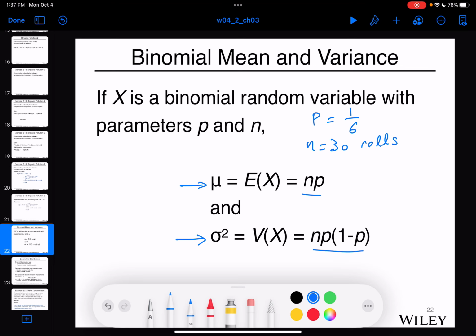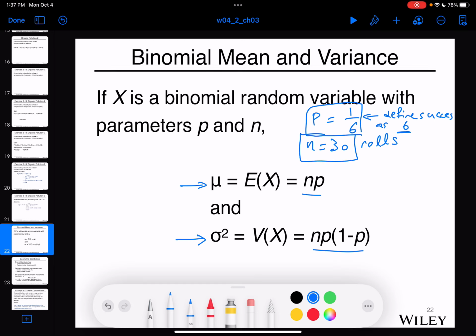And here when we said P is 1 over 6, we basically defined success as getting a 6, right? Or any other number, it doesn't matter. It can be defined as getting a 1, right? Because for all of them, the probability of success is 1 divided by 6.